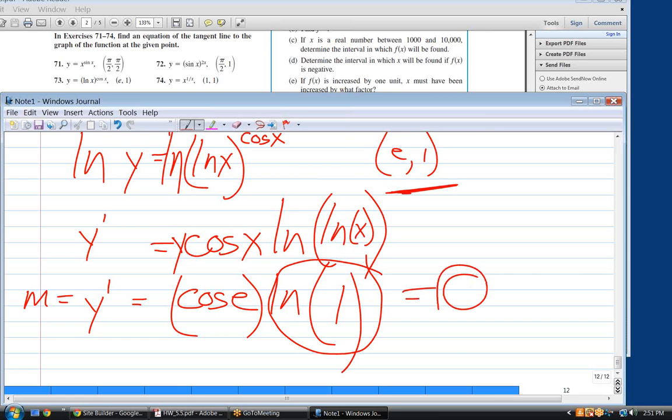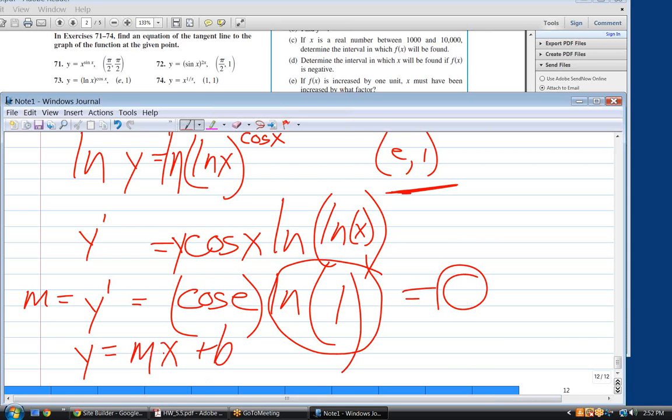So there's the slope. So what's my equation of the line? y equals b, which would be... Is that just y equals 0 for this? It's y equals mx plus b. Yeah.